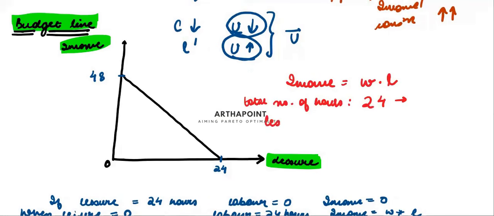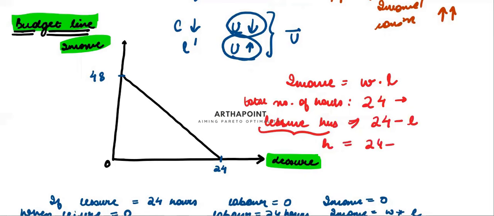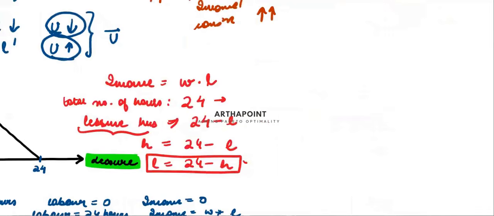So what will be your leisure hours? Your leisure hours will be 24 minus labor hours. This will be your leisure hours, isn't it? So let's say I represent leisure hours by H. So H will be 24 minus L. So what will be L? L will be 24 minus H. Let me put this back in this equation.